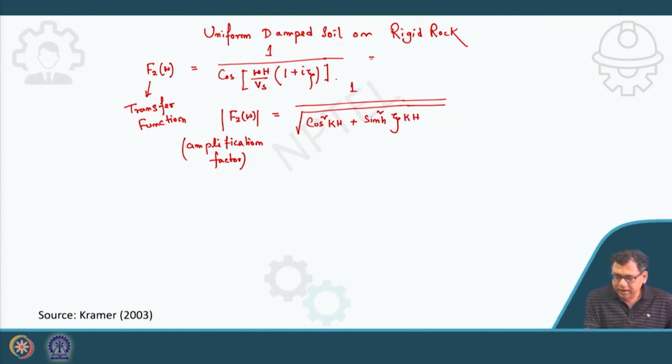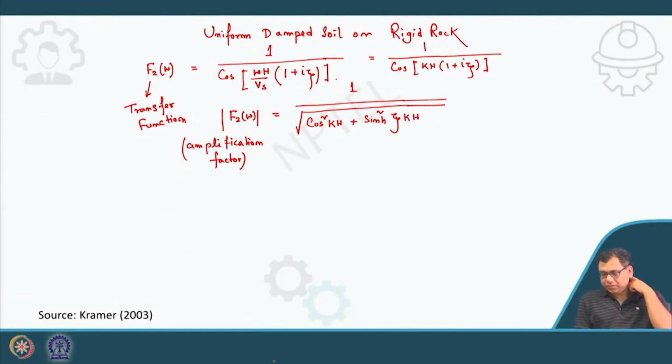So, this I can write in this form also, that is cos kh (1 plus i damping ratio). That is also possible, because we know that k is equal to omega by Vh. The wave factor is omega by Vh.